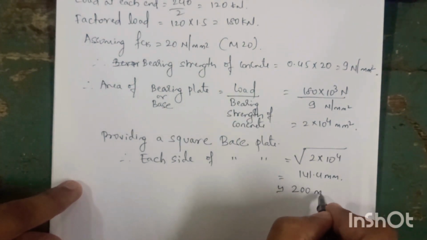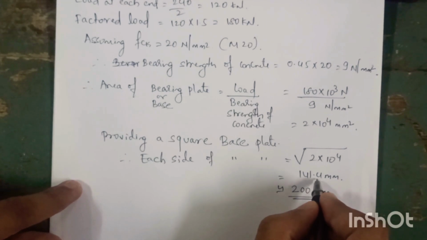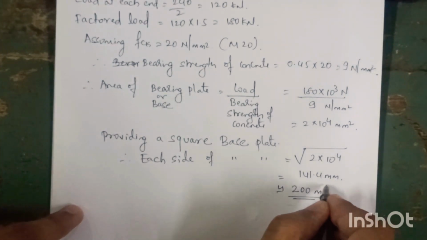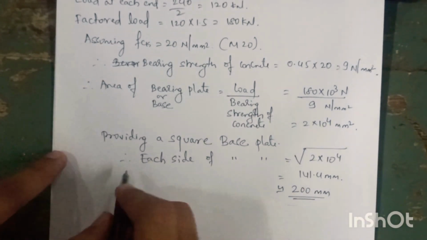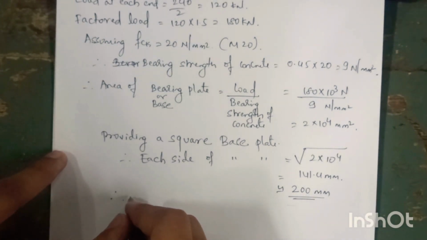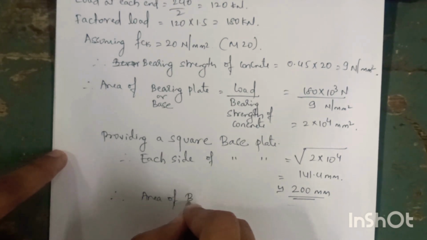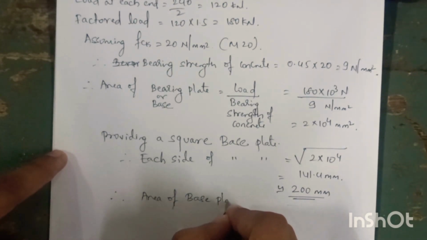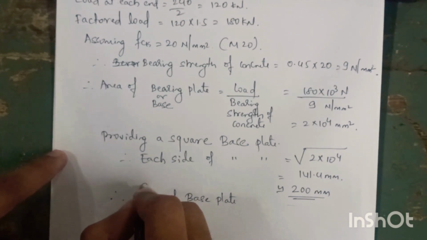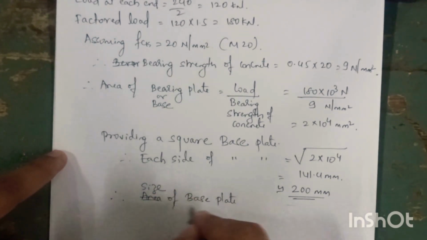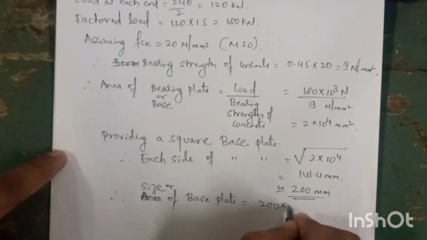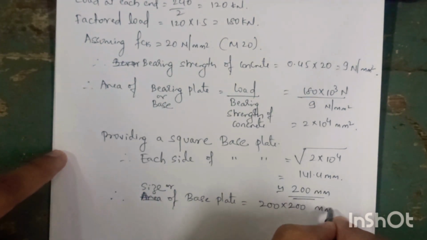So at least we have to provide a square base plate of size 141 mm each side. So we are rounding it off to 200 mm. Therefore the size of the base plate will be 200 into 200 square mm.